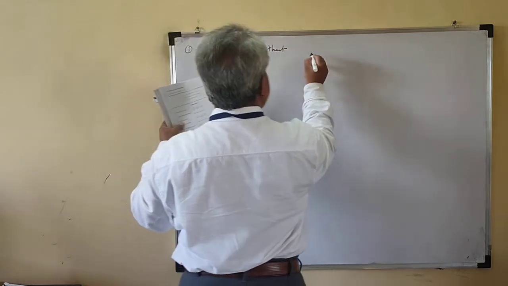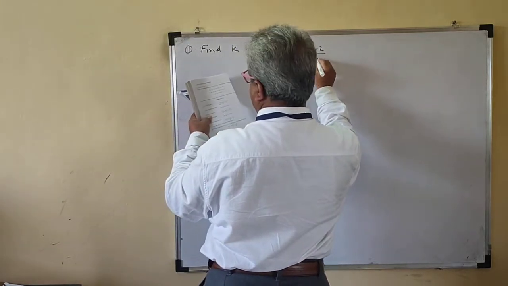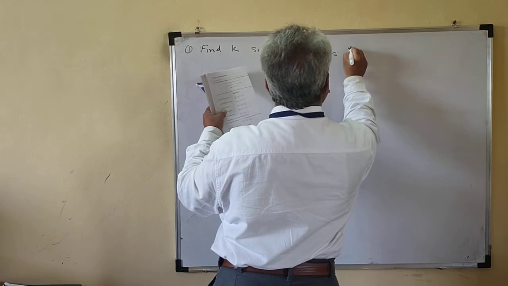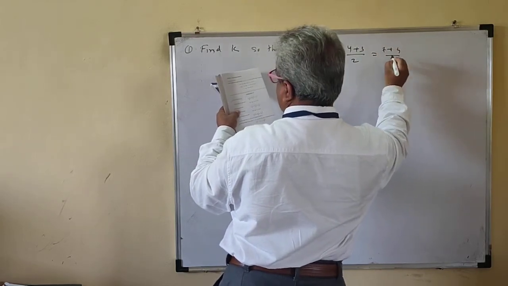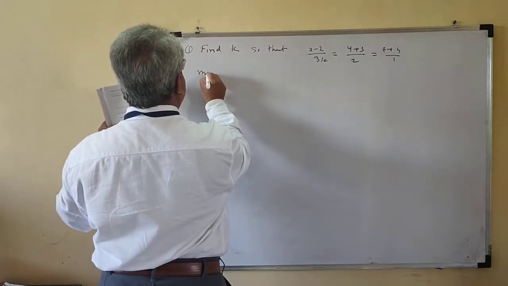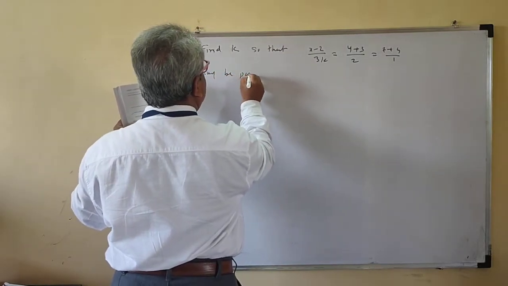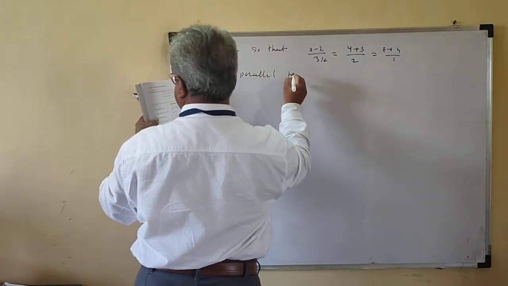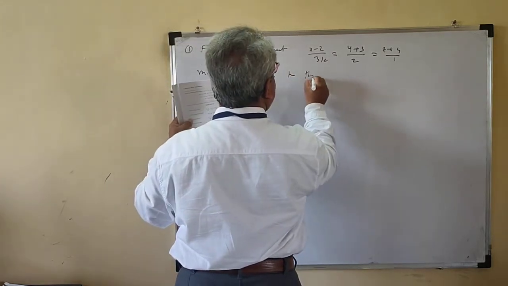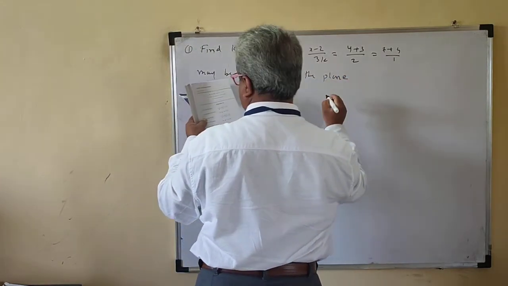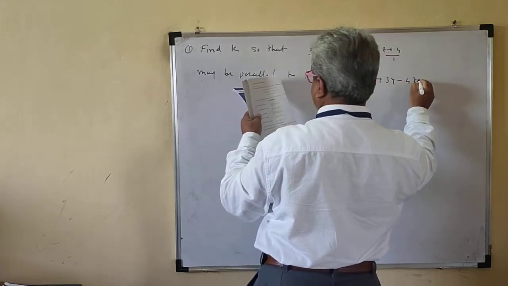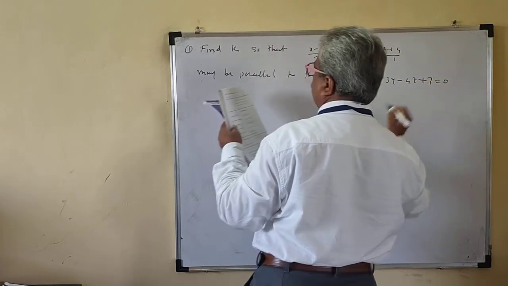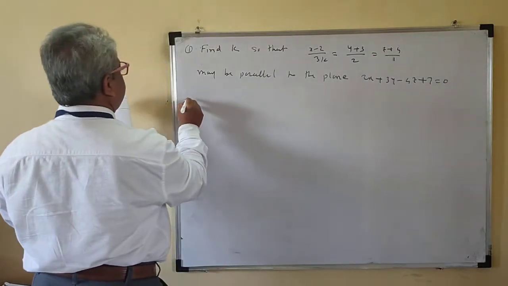so that (x minus 2) upon 3k is equal to y plus 3 is equal to (z plus 4) upon 1 may be parallel to the plane 2x plus 3y minus 4z plus 7 is equal to 0. Just we will discuss this.